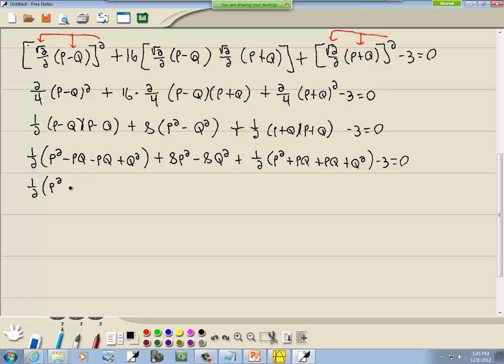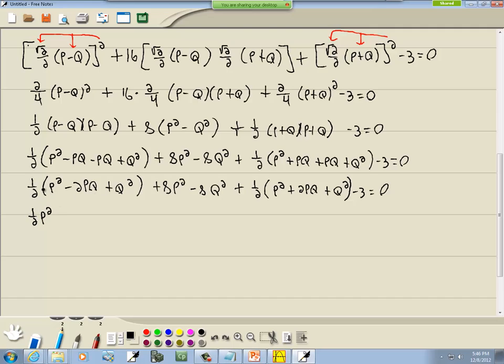Negative pq and negative pq is negative 2pq, plus q squared, plus 8p squared minus 8q squared, plus 1/2 times pq plus pq is 2pq, plus q squared, minus 3 equals 0. Okay, multiply the 1/2 through.